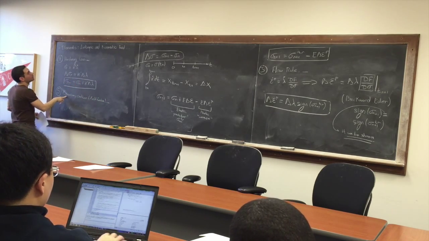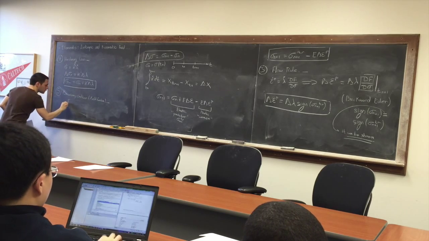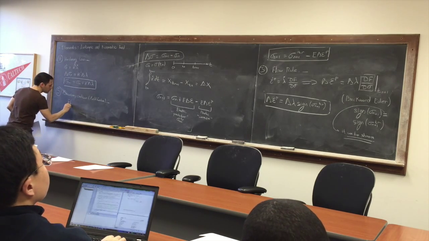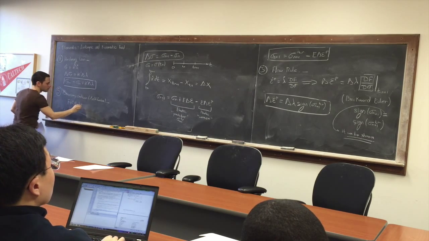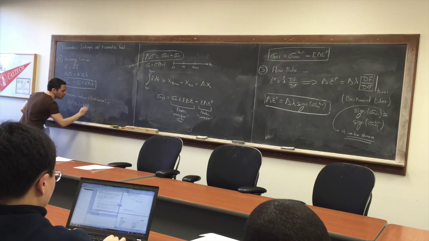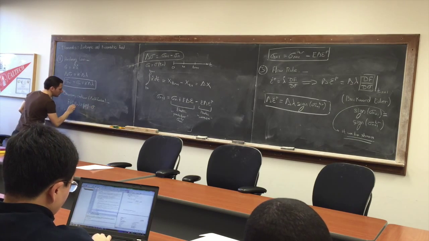So for isotropic hardening, the yield function of sigma is nothing but the absolute value of sigma minus sigma y.